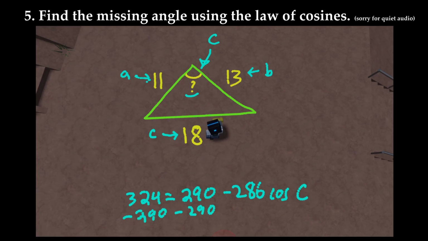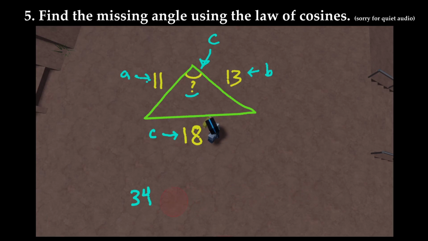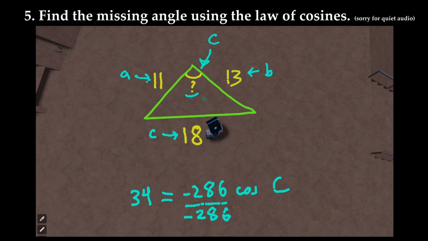If you do that, 324 minus 290 is just 34, and then we'll still have the minus 286 cosine of C. And just divide by minus 286 on both sides so we can isolate the cosine of C.